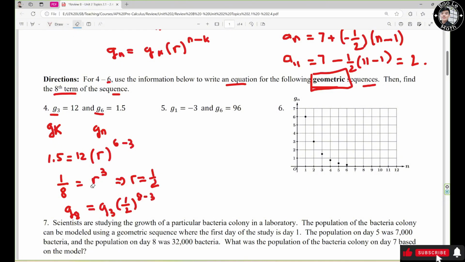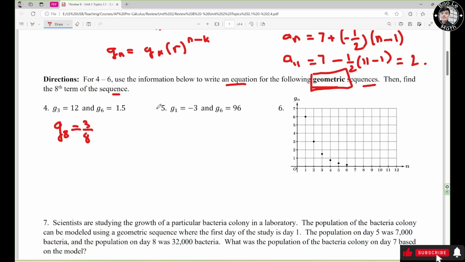Now g sub 3 equals 12, so I put 12 here. So it's going to be 12 times 1 half to the power of 5, right? So it's going to be 12 divided by 32. And if you simplify, divide the top and bottom by 4, it could be 3 over 8, right?